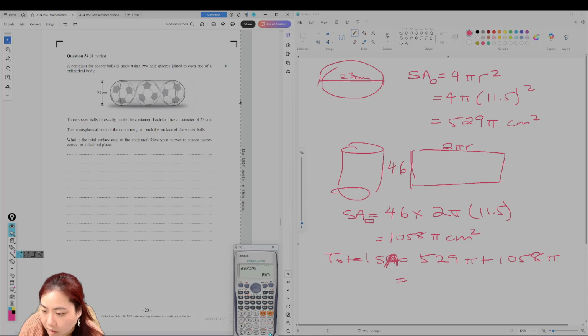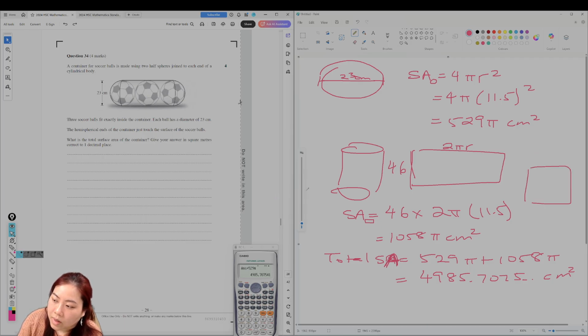Pi equals, we change that to decimals. That is 4985.705... square centimeters. Now, how many square centimeters is in a square meter? A meter is 100 centimeters, so 10,000 square centimeters is 1 square meter. So we divide this by 10,000.